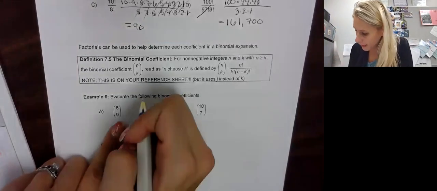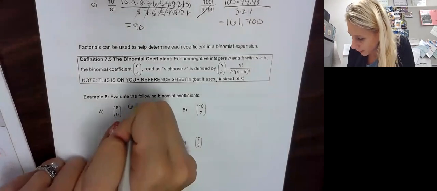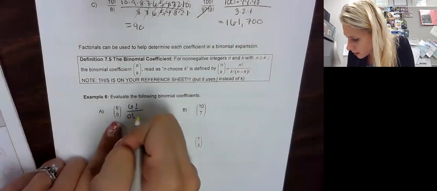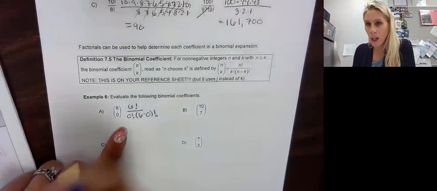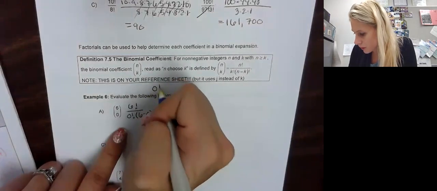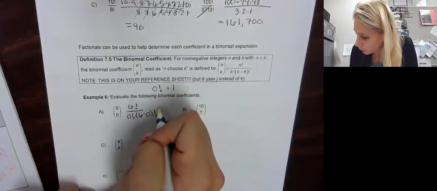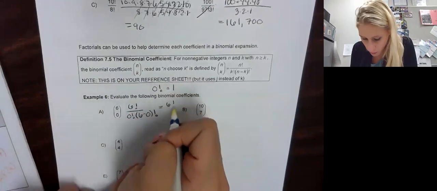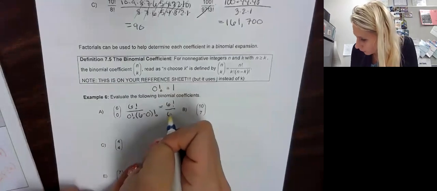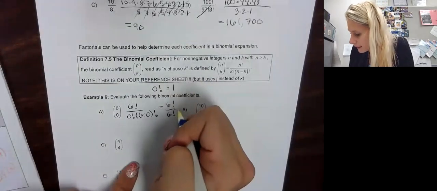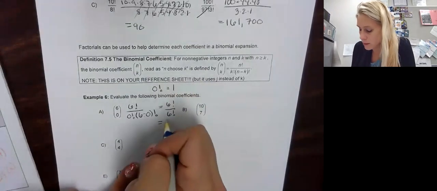So in this sense here, we have 6 factorial over 0 factorial times 6 minus 0 factorial. Now remember from the other page, 0 factorial will always equal 1. So really, if we were to simplify this, I would have 6 factorial over 6 factorial, right? Because 1 times 6 factorial is itself, which equals 1.